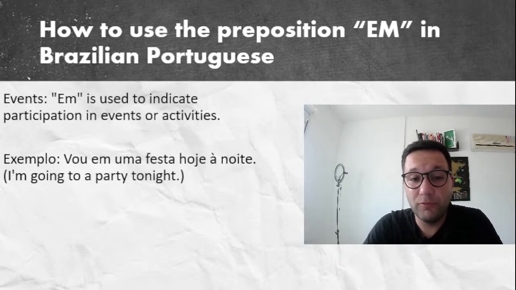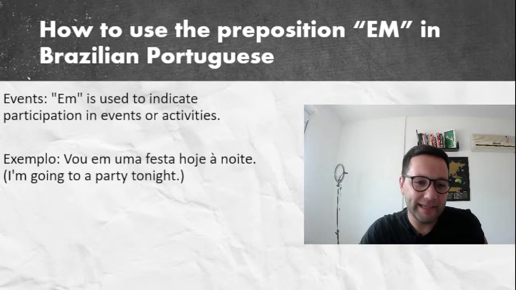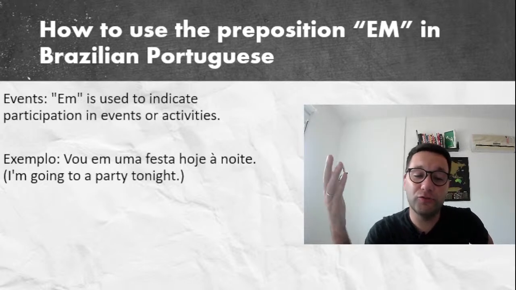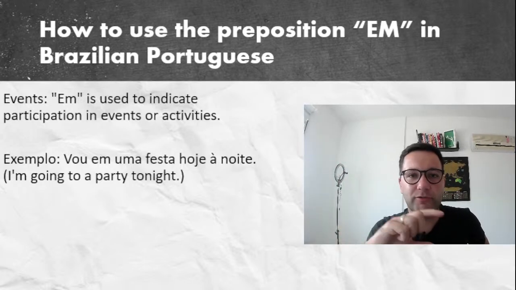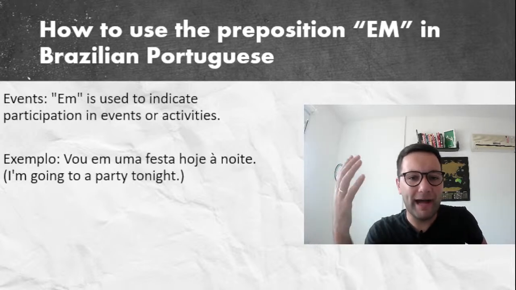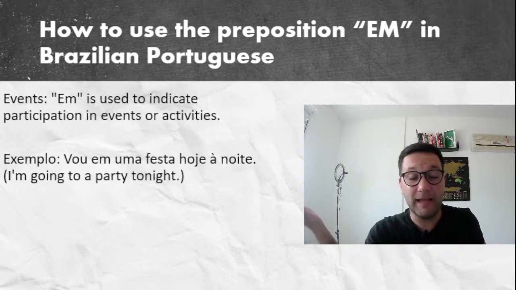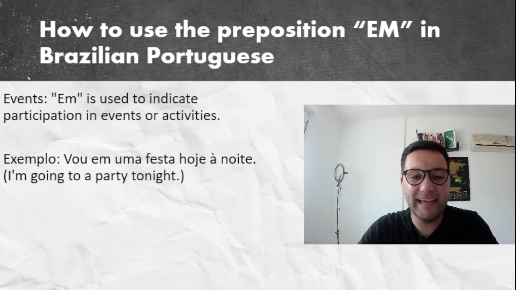Also, we use this em for events. For example, vou em uma festa hoje à noite. I'm going to a party tonight. Here is different from English. If I translated this as in, it would be I'm going in, but here I could also use para. In Portuguese, when you translate the preposition to, it's para. Vou para uma festa. Yes, you could use vou para, but sometimes you can hear some Brazilians using em.